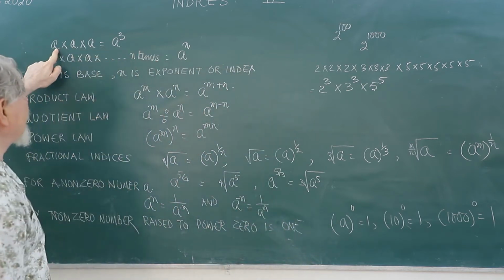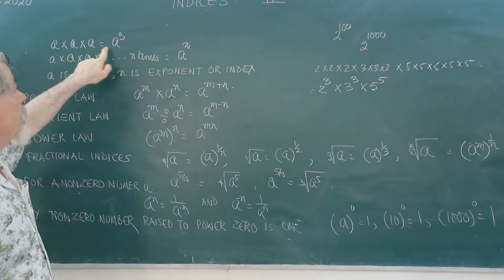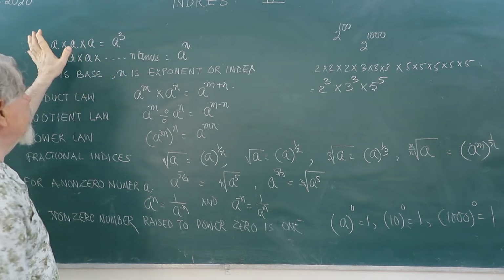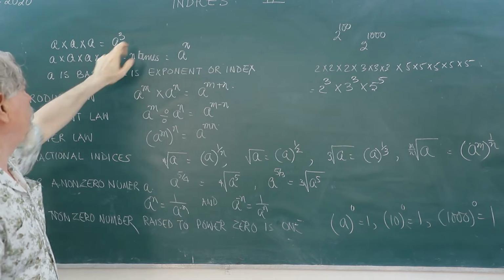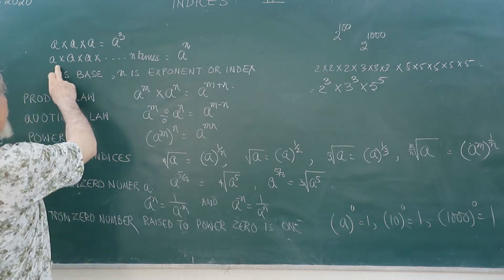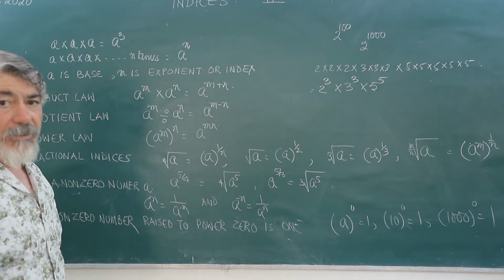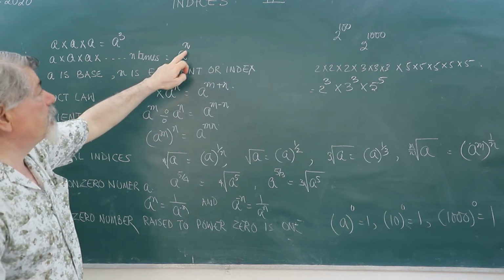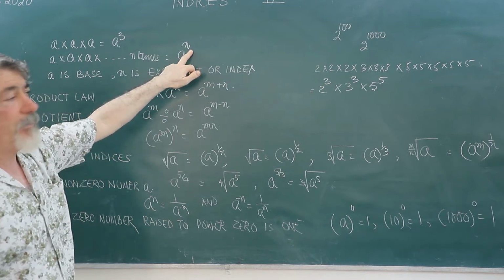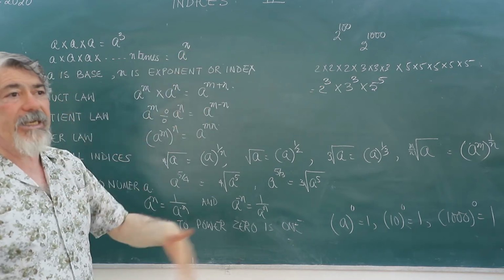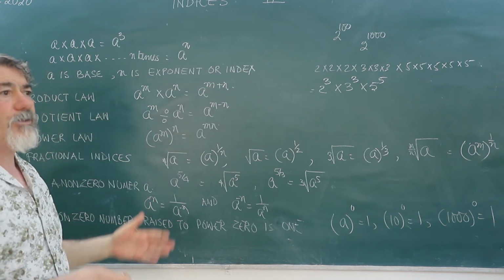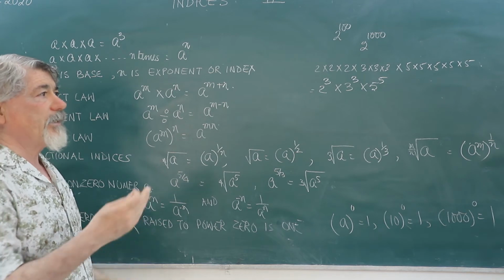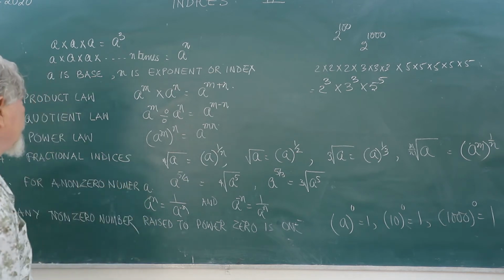Like I am writing a into a 3 times, so instead of writing a 10 times or 3 times, we write a to the power 3. For example, a is multiplied by itself n times. If we are going to write n times, then we simply write a to the power n. Instead of writing a n times, or any number for that matter, 100 times or 200 times or 1000 times, we write to the power 100.